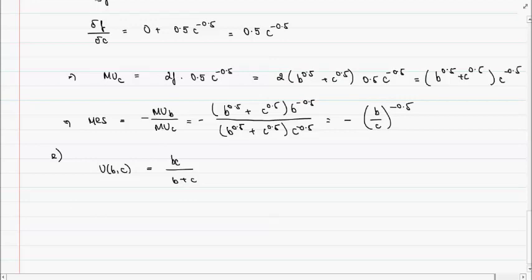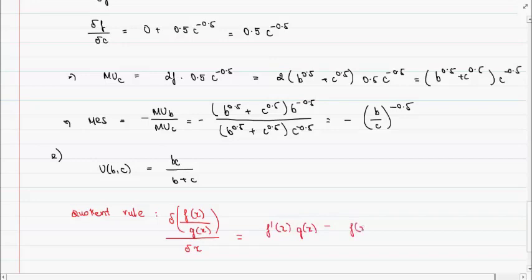The quotient rule is, when you differentiate a function f(x) over g(x) with respect to x, then it's equal to f dash of x times g(x) minus f(x) times g dash of x, and everything divided by g(x) squared. So that's the quotient rule.